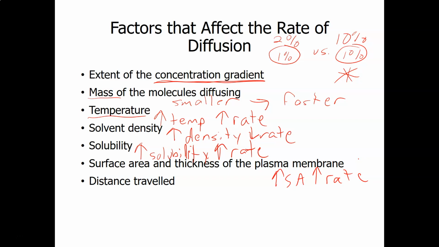Thickness of the plasma membrane: the thinner it is, so decrease the thickness of the membrane, and you will increase the rate of diffusion. And then distance traveled, how far the molecule has to travel when it diffuses from one area to another. The smaller the distance, the faster diffusion will be.